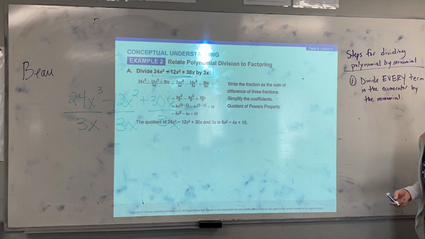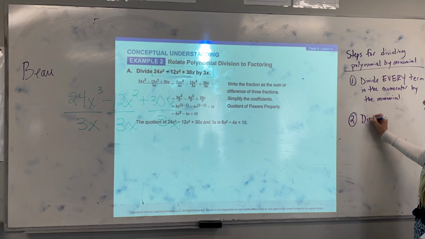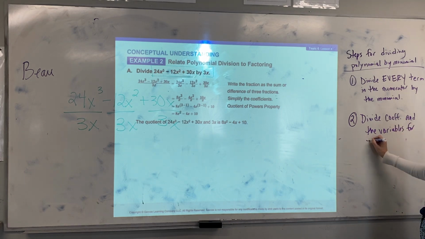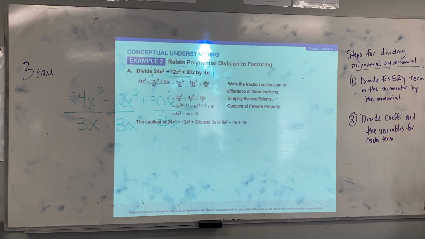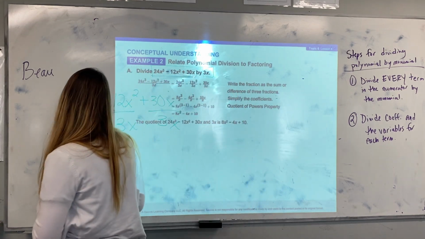Does that make sense? Divide every term in the numerator by the monomial. And then divide coefficients. And then divide variables for each term. That's pretty much it. And then just follow the rules, which we already wrote down. Follow the rules for dividing.